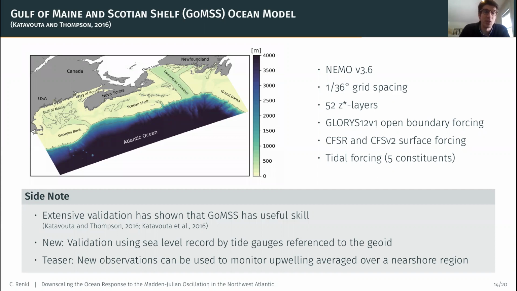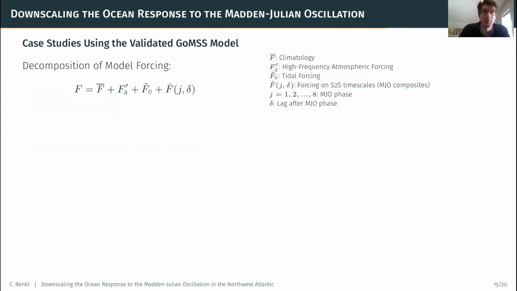These observations can also be used to monitor upwelling averaged over the nearshore region. I'm happy to talk about that at another time. But for now, all you have to take away from this is that GOMS is able to predict the regional circulation very well and can thus be used for our downscaling experiments.